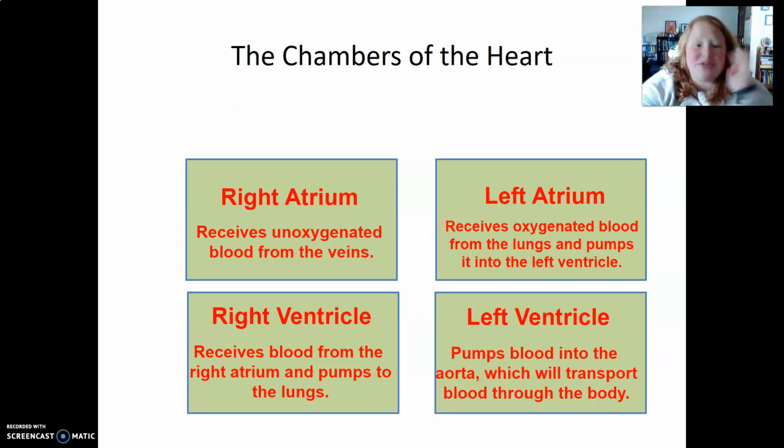Okay, so chambers of the heart. Your right atrium is where we are going to start. So blood flows into your right atrium, and this is unoxygenated blood that comes in from your veins. So the blood has been out in your body, it has dropped off its oxygen, it has picked up CO2, it returns to the right atrium.